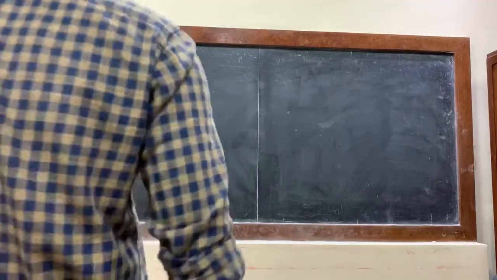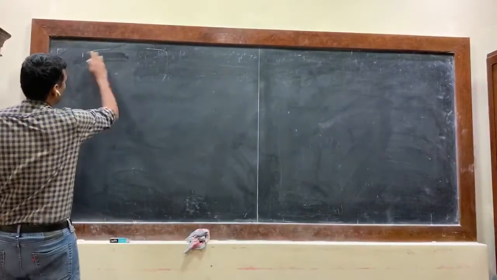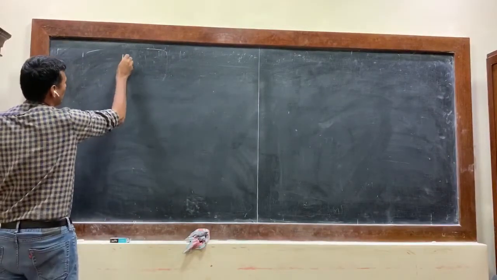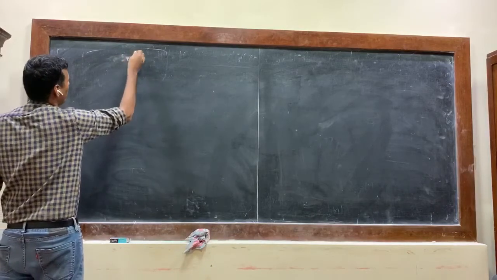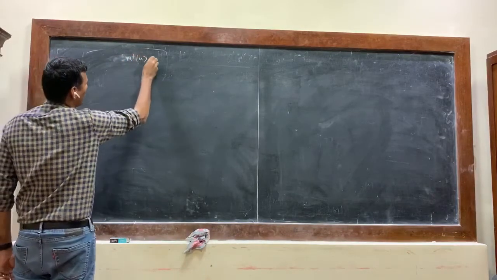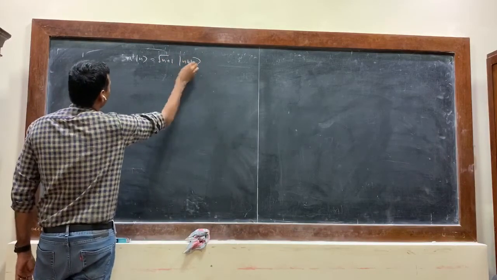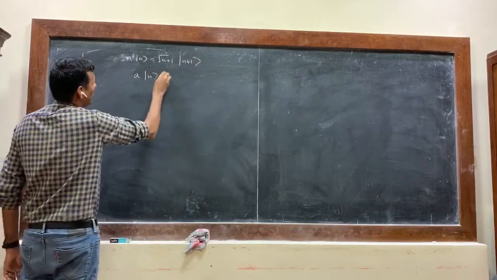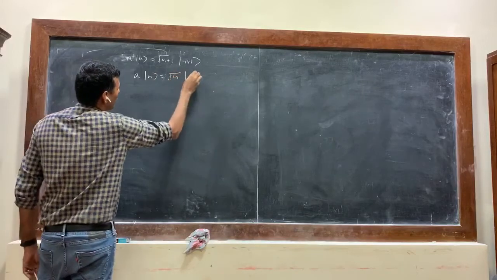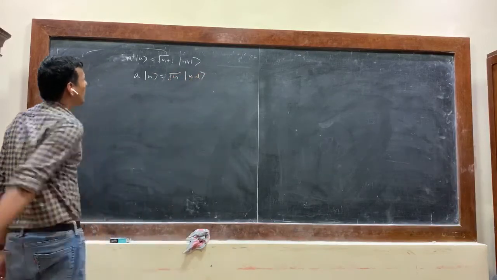So now we would like to evaluate. What we have done so far: we looked at a dagger acting on |n⟩ is equal to square root of n plus 1 times the state |n+1⟩, and a acting on |n⟩ is square root of n times |n−1⟩.